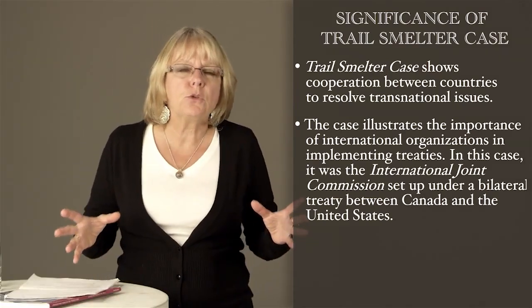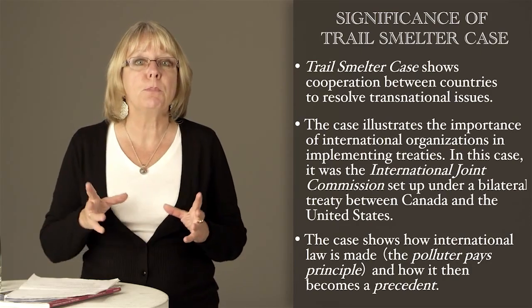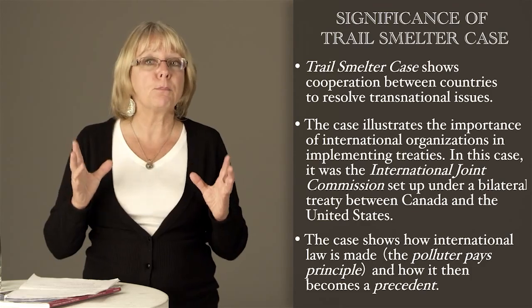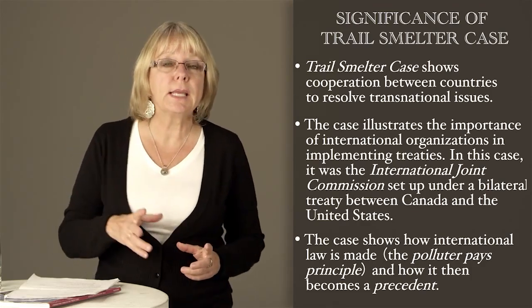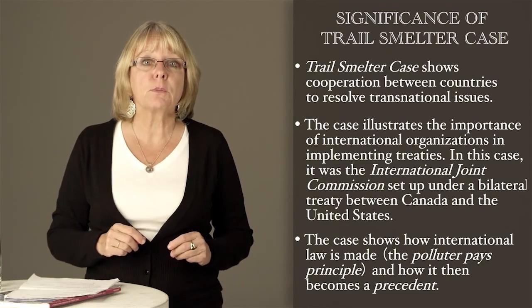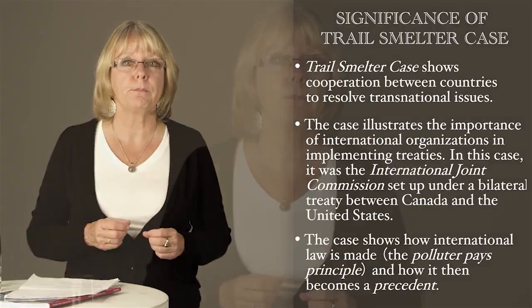It shows how international law is made. In this case, it was the polluter pays principle, and how it then becomes a precedent, which is later applied throughout the world. In fact, the principle later became part of an international treaty. Unfortunately, the case illustrates failures in international law, which we'll discuss at another time.